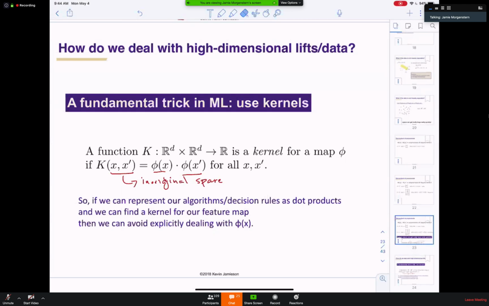That's really nice because if K(x, x prime) can be evaluated quickly, that gets rid of our necessity to actually write down phi of x and phi of x prime, if basically the only way we need to access this lifted data is through dot products. Okay, so does anyone have any questions about this? I imagine so.